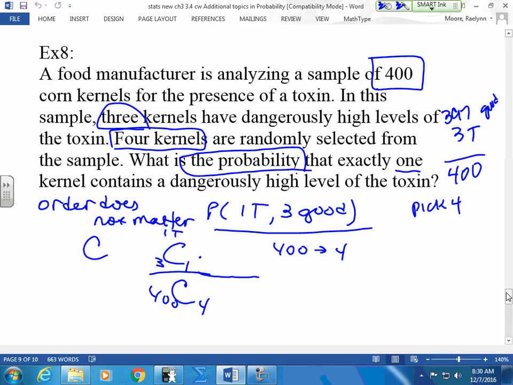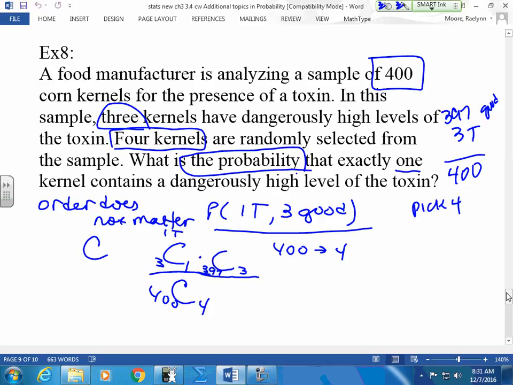How many good ones do you have to choose from? 397. How many of those do you want? 3 goods. So there's your probabilities. A little different because you have a combination of things to happen. You want 1 that's toxic and the rest that are not.